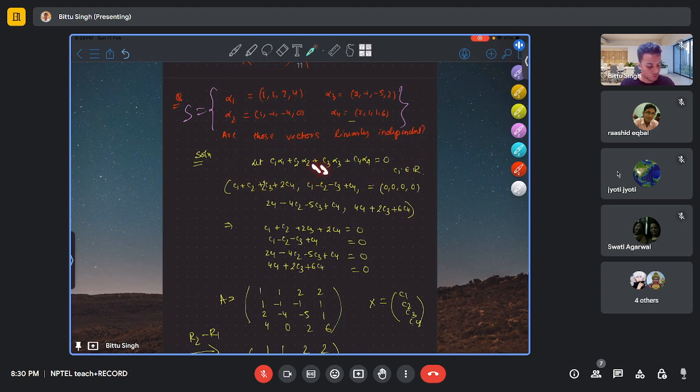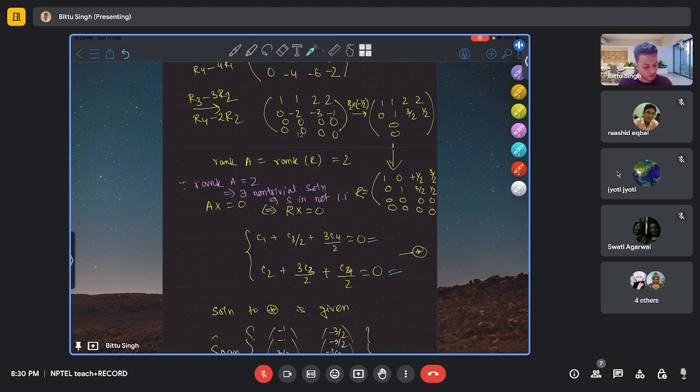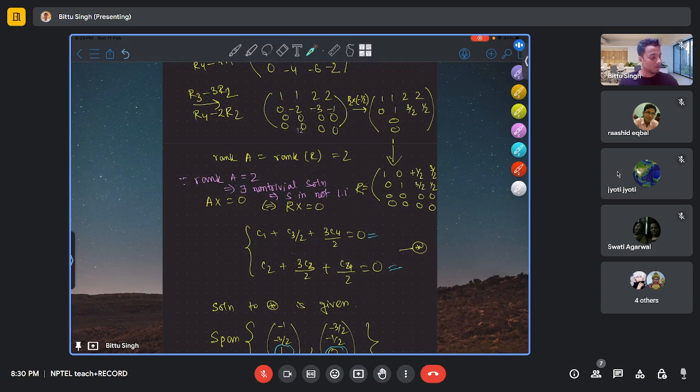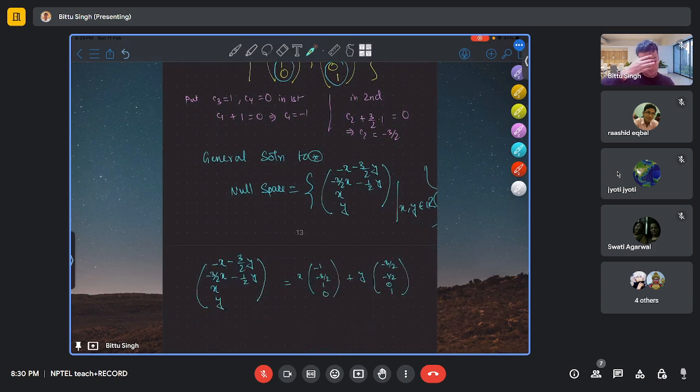So there exists some non-trivial solution. This does not imply C1, C2, C3, C4, every Ci, are 0, because of the fact that the rank is not full. Rank is not 4; it is less than 4. So there exists a non-trivial solution.